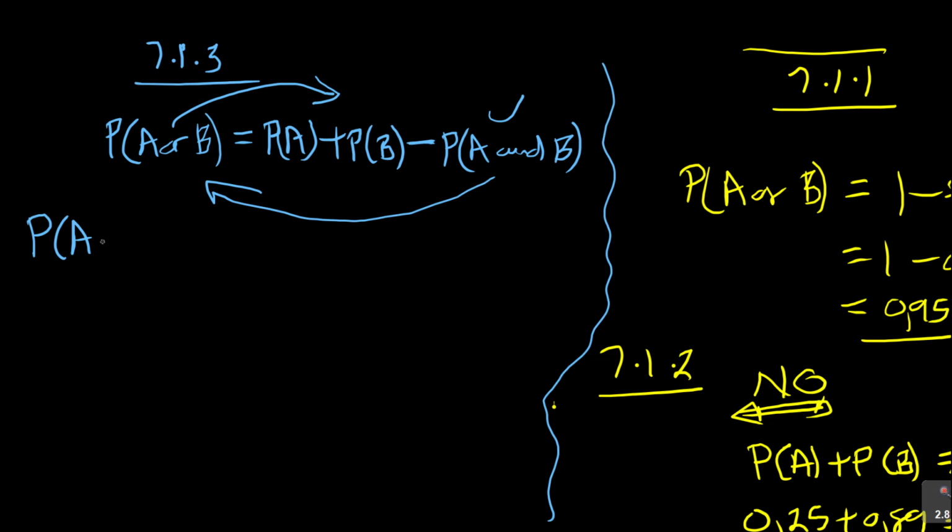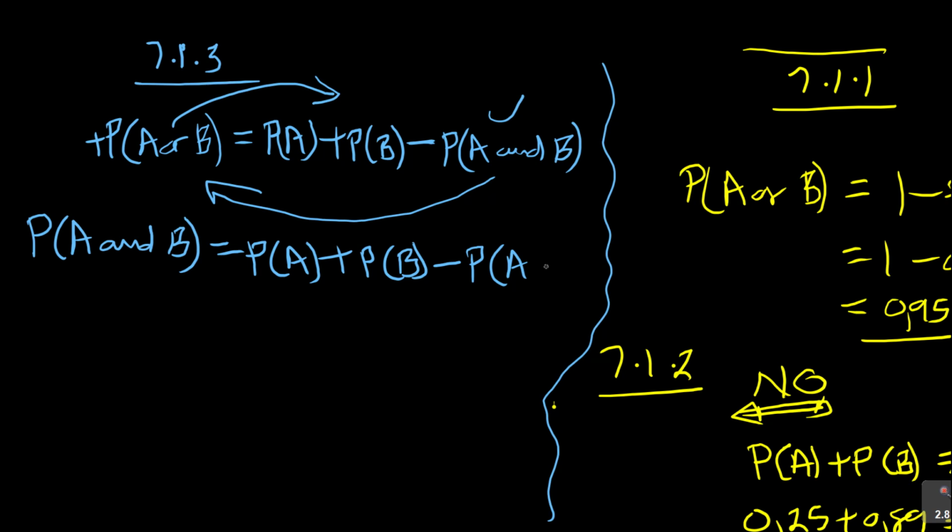So probability of A and B is equal to probability of A plus probability of B. See, it was negative, now it's positive, but this is positive. It will become minus probability of A or B.